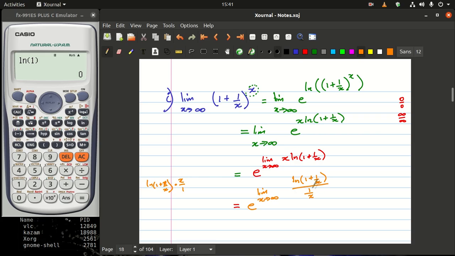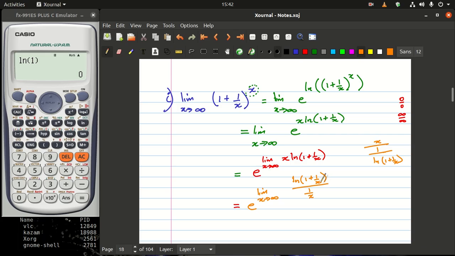That is why we are changing to this function, because it's still the same thing. We are not messing up anything. We take this and we put it down. The same thing, you could decide to say this is the same as x divided by 1 over ln of 1 plus 1 over x. It is still the same thing. So you can either change this to that or change this one to that.